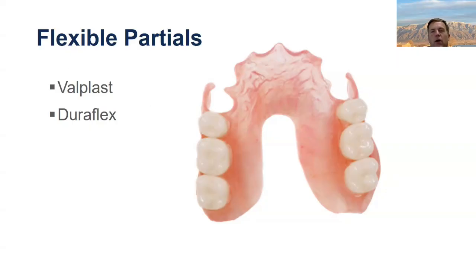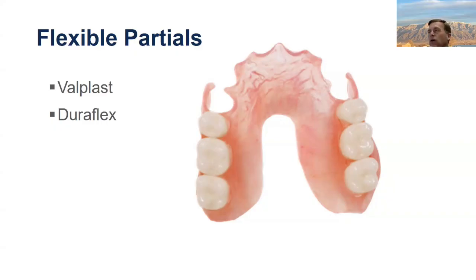Us laboratories are not that different from you guys in that you'll find that each laboratory, both on the fixed and the removable side, has materials that they get the best results with. So some labs are going to have better success with the Valplast, which is a nylon material.